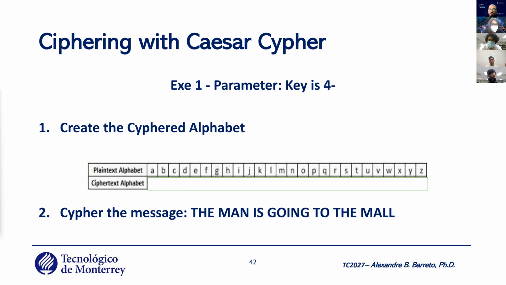So, just to try a little. If you have a pencil and a block of paper, or if you want to use your computer, create a cipher alphabet using the key equal to 4 minus. Then try to cipher this message: the man is going to the mall. Remember, the space continues to be a space.